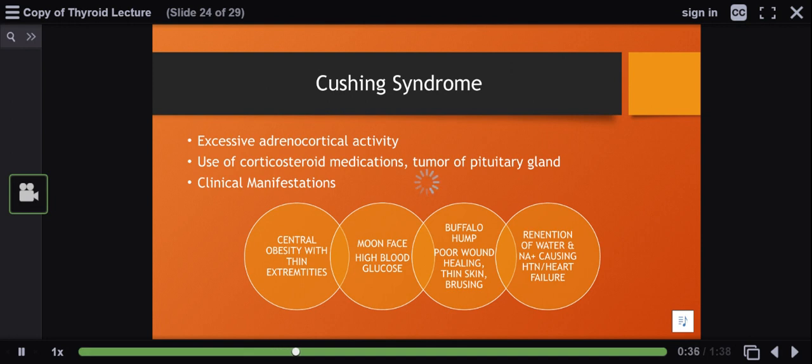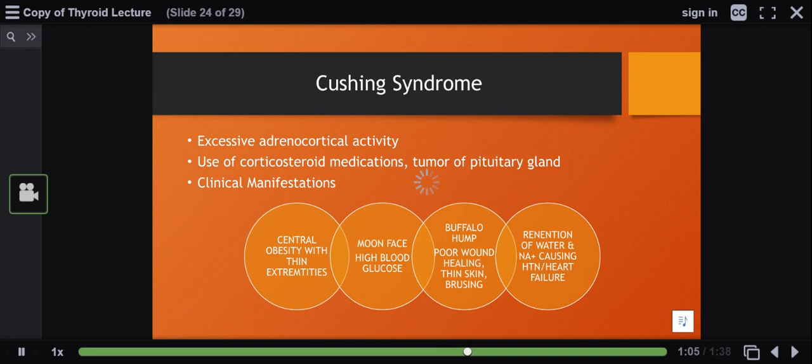With this hypernatremia, they are also susceptible to retaining water, which would then lead to hypertension and most possibly continue on to heart failure. Due to the chronic hyperglycemia, these patients have slow wound healing and most oftentimes complain of weight gain.